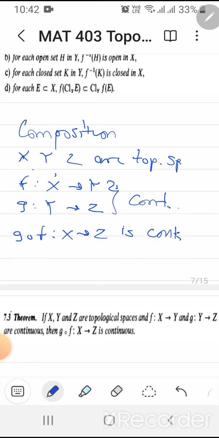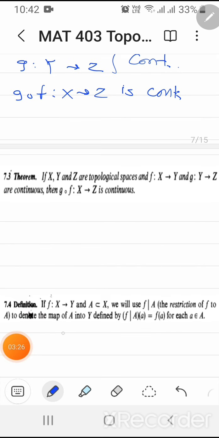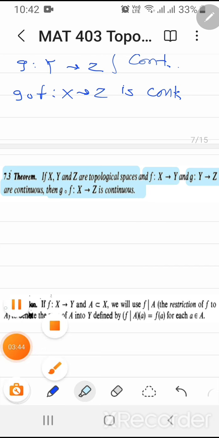This is the theorem on composition. Let us see this result: if X, Y, Z are topological spaces and f from X to Y and g from Y to Z are continuous functions, then their composition g o f from X to Z is also continuous.